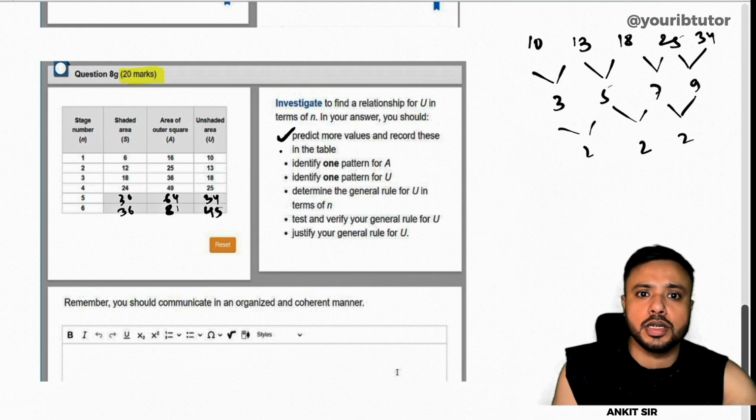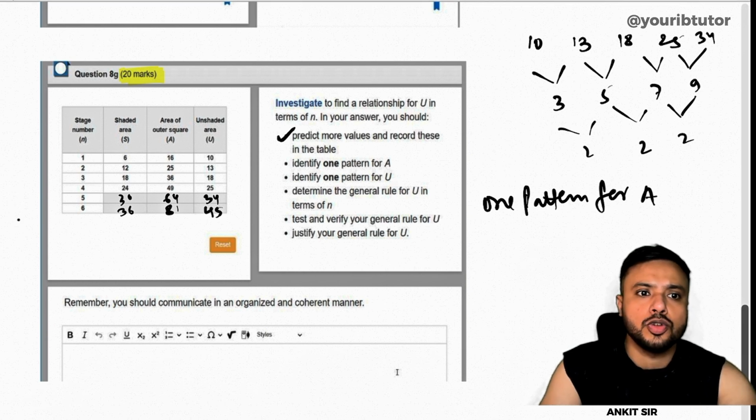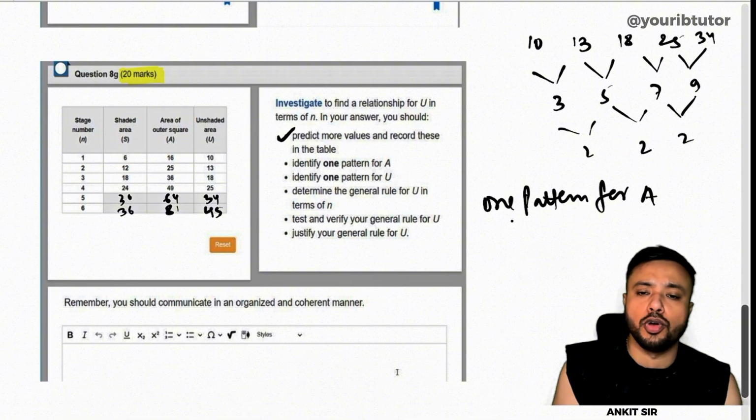So this question is done, guys. Now identify one pattern for A. You can clearly see that this is basically a quadratic sequence. We can see here that it's 4 square. So in A, you can clearly see that it's all the square numbers starting from 4.